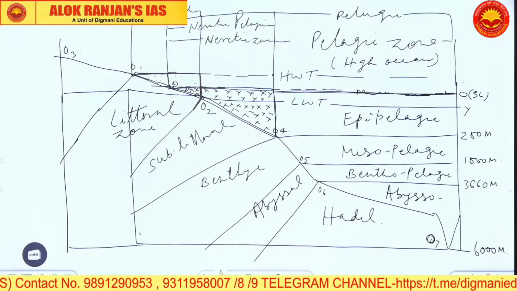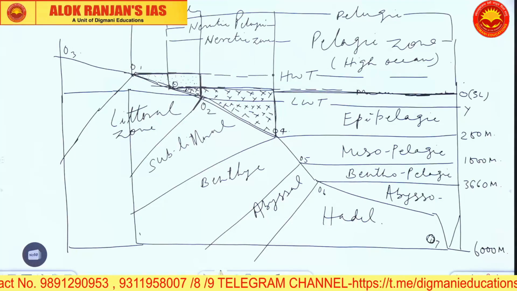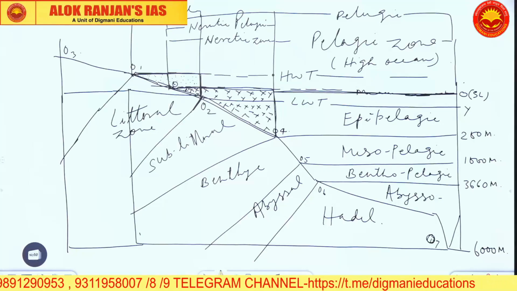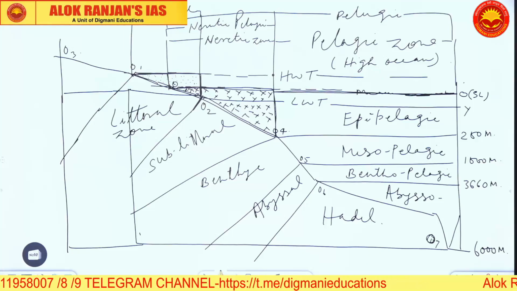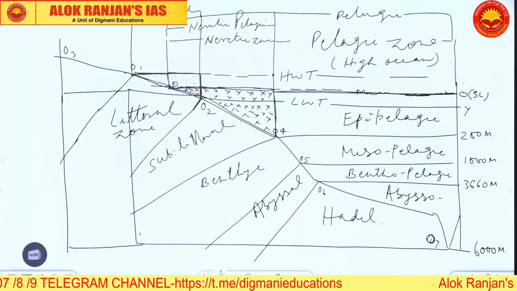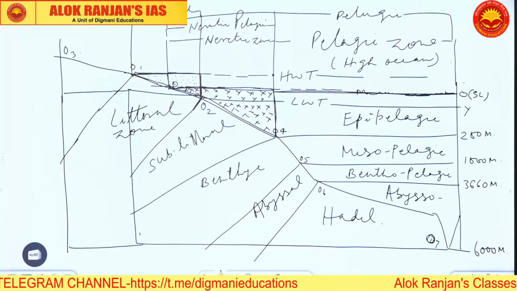Now look at all this analysis with depth, classification of ocean with depth. Epipelagic, epi meaning outer, external.